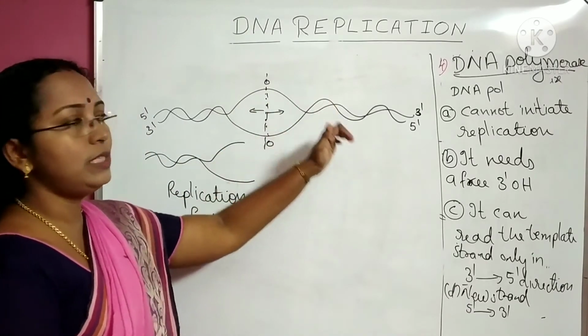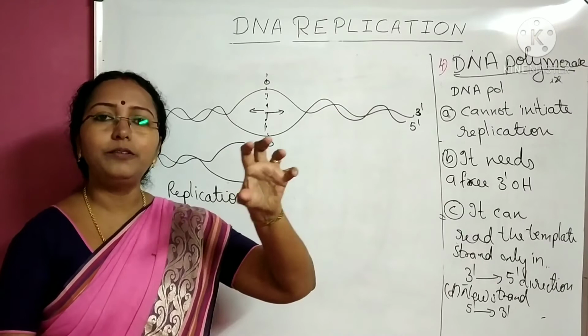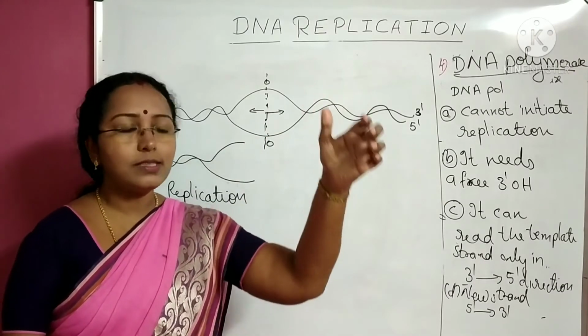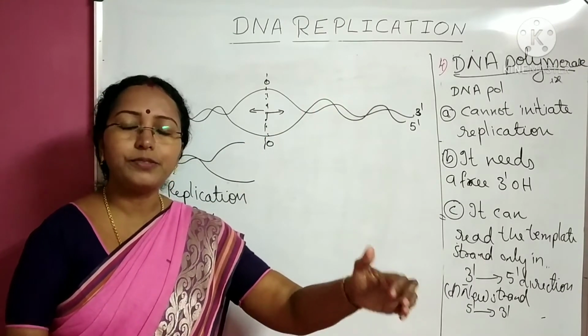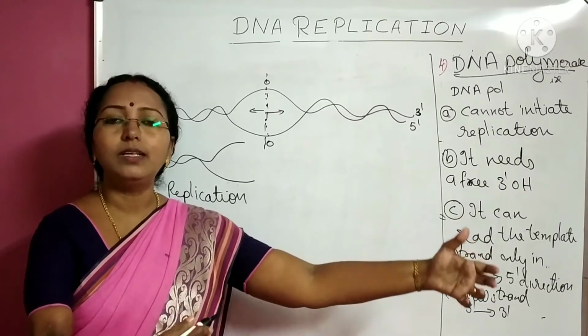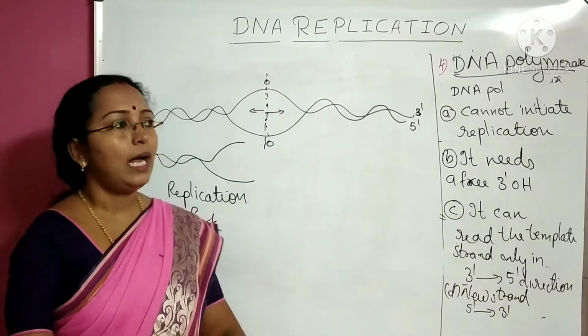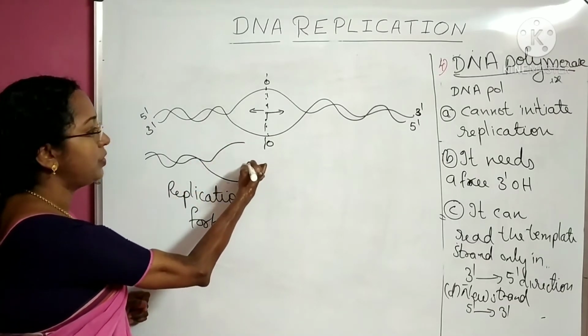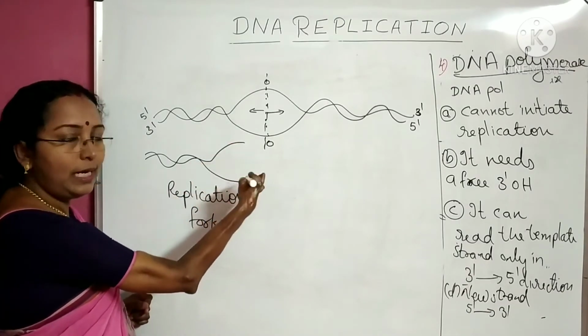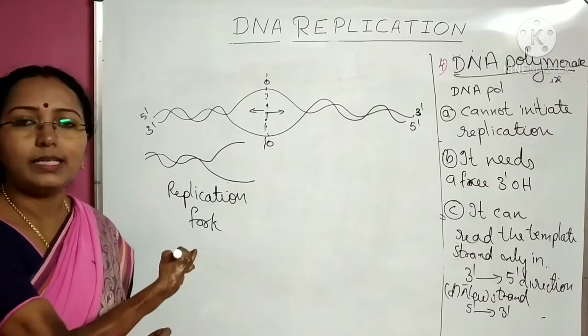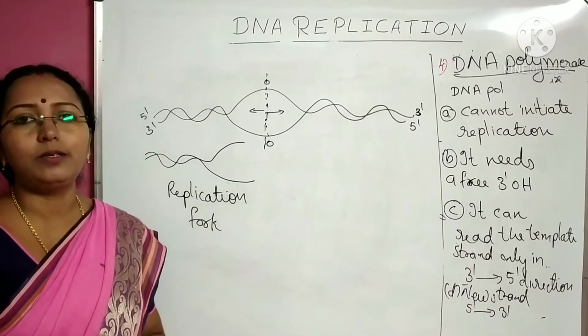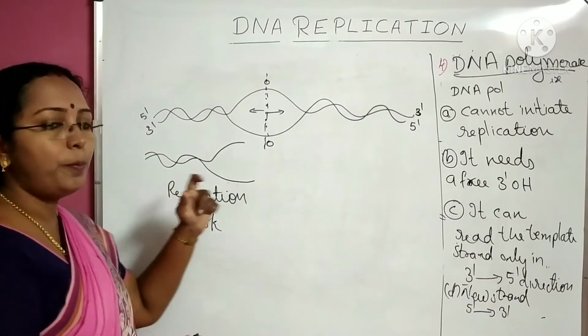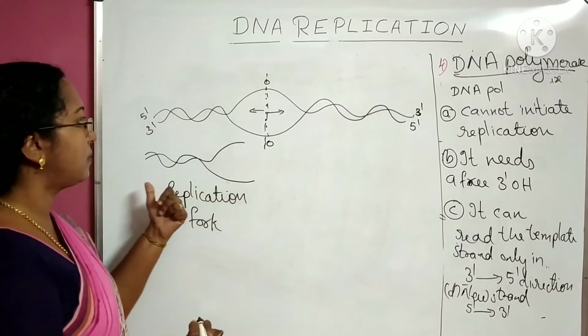Likewise, in different regions of our DNA, there will be different bubbles, and if you just imagine that bubble into 2 halves, you will be getting different replication forks. And in each of these replication forks, always the DNA replication proceeds from the open end towards the closed end. The direction you should always keep in your mind. Open end towards the closed end.